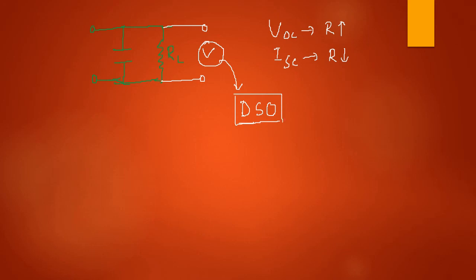Using this, VOC versus time can be plotted, and to record the short circuit current versus time, you need to have a nanoammeter. Okay, you have to have a nanoammeter, and there are a few more things required in doing so.